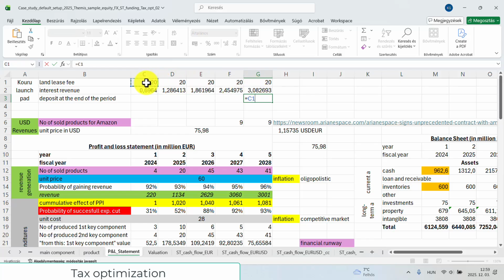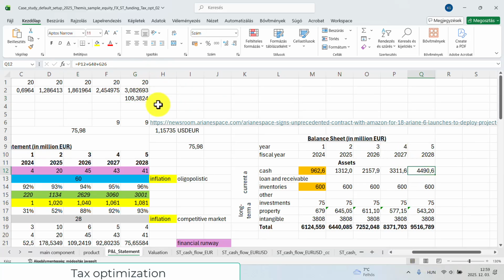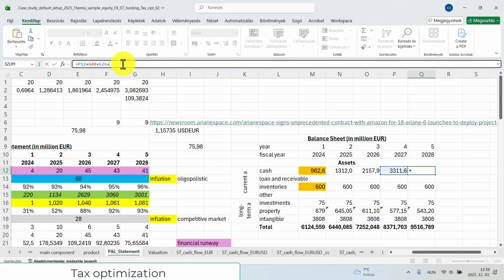How can I do this? I could use some function, but that was faster, so I was able to collect such an amount of money. This was not text, and now we can just add this to our cash reserves, so plus this.